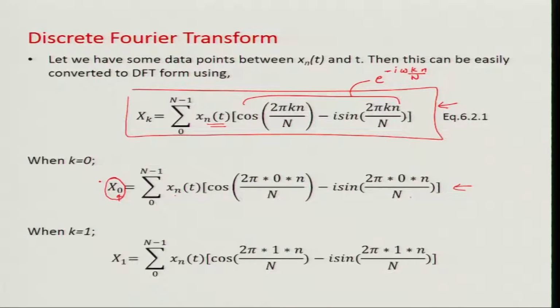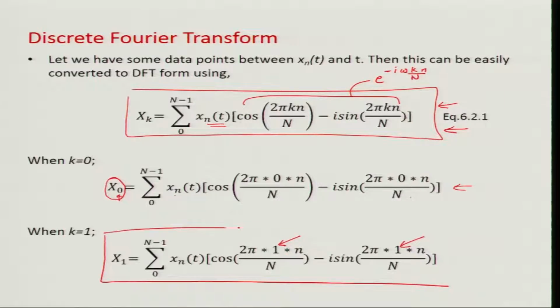If I have to calculate X1, again we go back to this equation and I plug in k equals 1. So, when k is equal to 1, I have 1 here, and using this expression I do the summation, and I get X1. Okay.